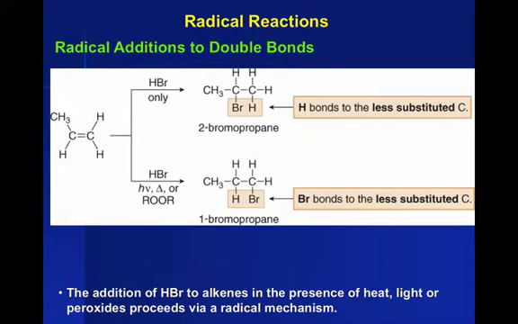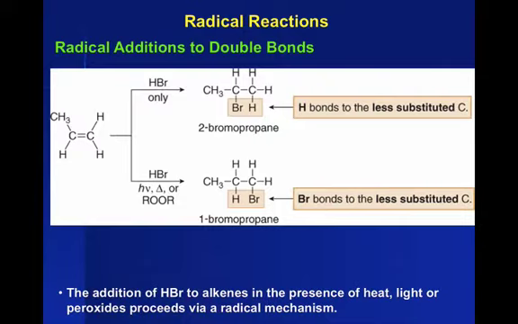I get the anti-Markovnikov addition of HBr across a carbon-carbon double bond. And the reason that this happens is because we're going through a free radical mechanism here, and what are we going through up here? Okay, and so what is that? What's the intermediate? Not a bromonium, because that would be Br2. What's the intermediate in the addition of HBr across an alkene in the absence of strong light?